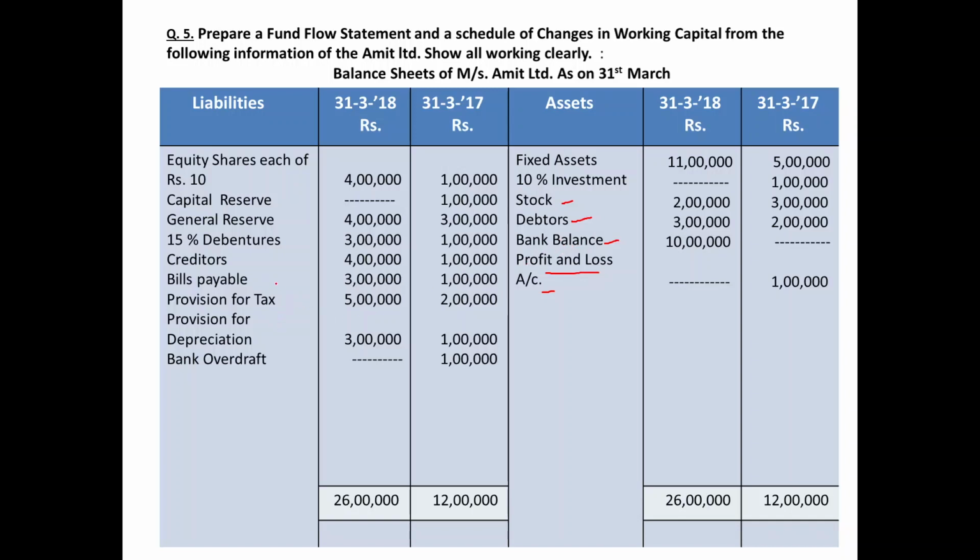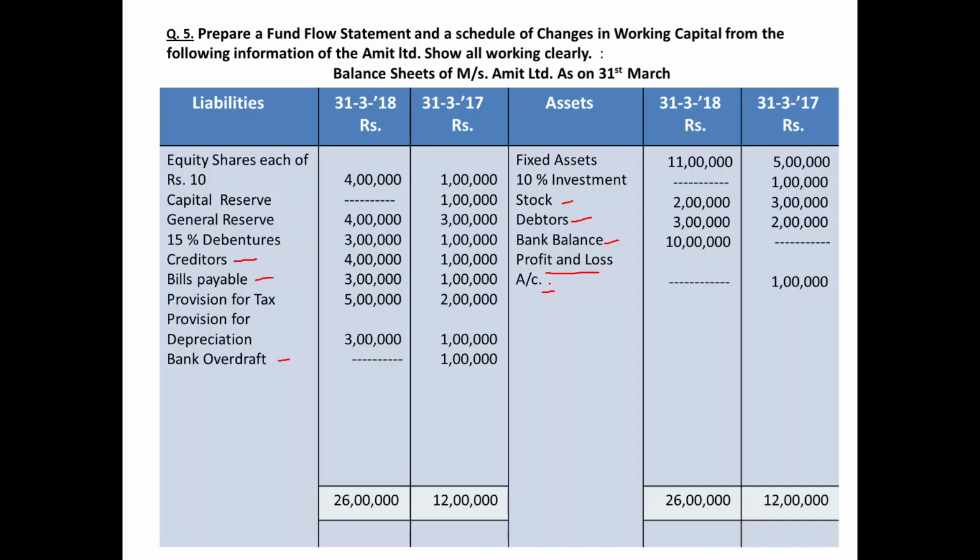Come on the liability side. Items of current liabilities: creditors, bills payable, as well as bank overdraft. These are the three items for current liabilities that we will be reporting in our working capital schedule. So three items of current assets and three items of current liabilities.